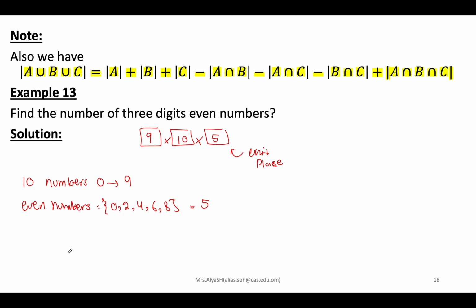So there are totally 9 times 10 times 5, which equals 450 numbers.